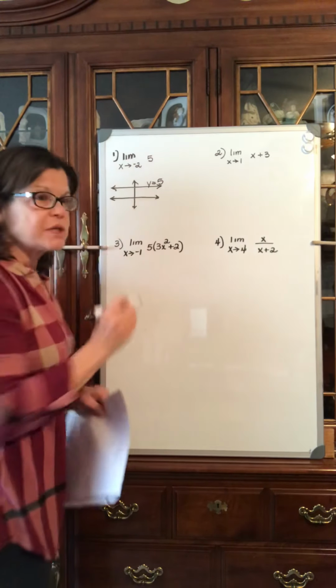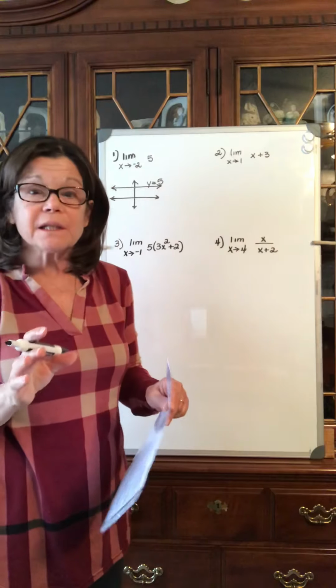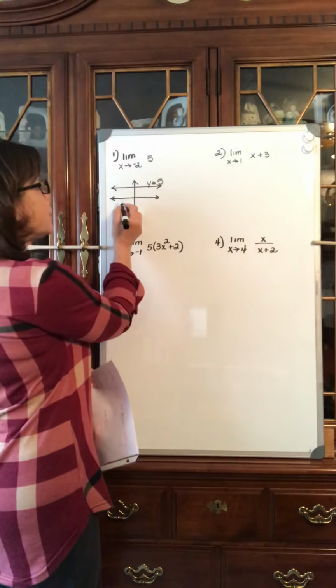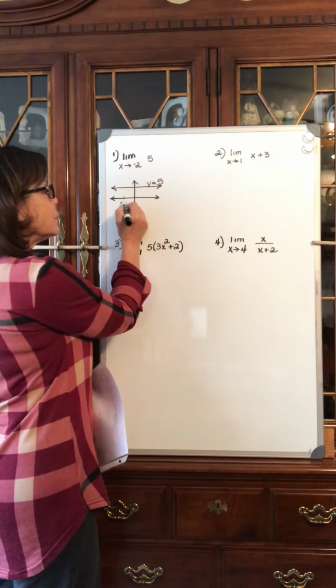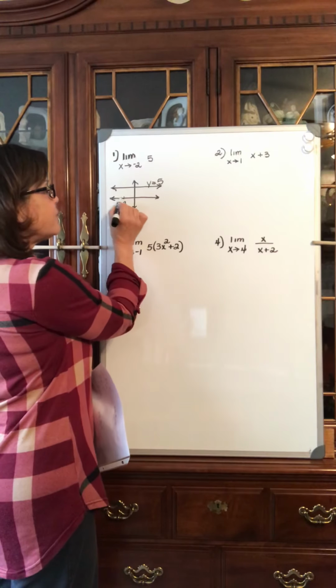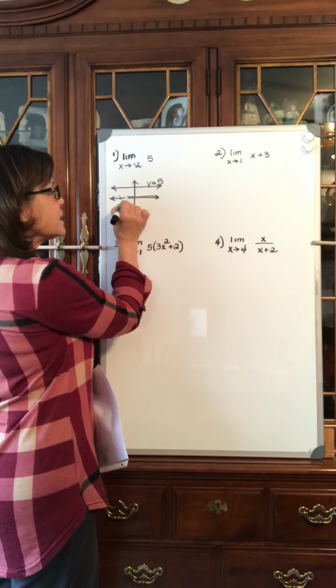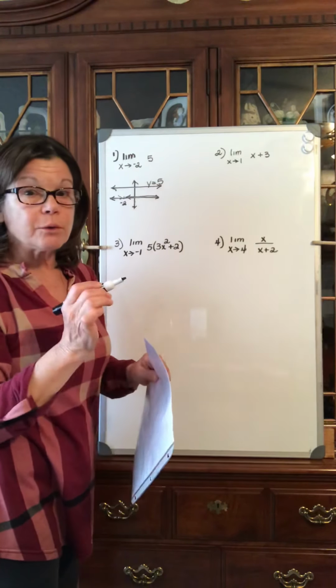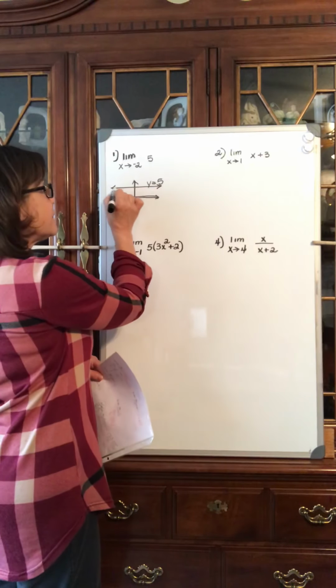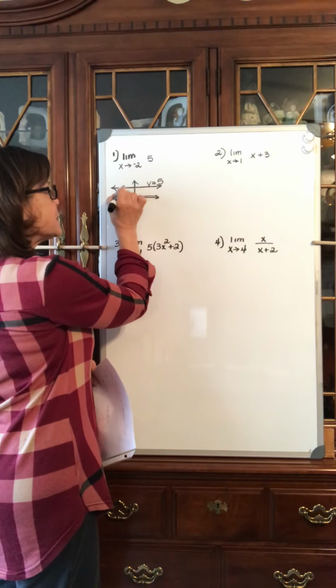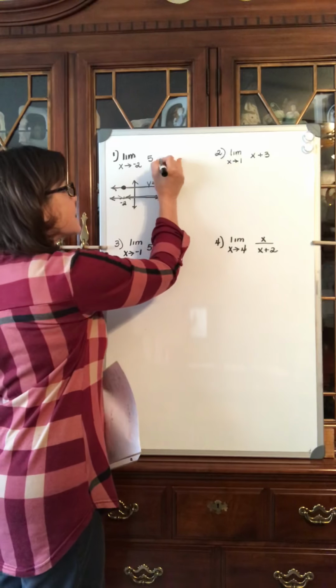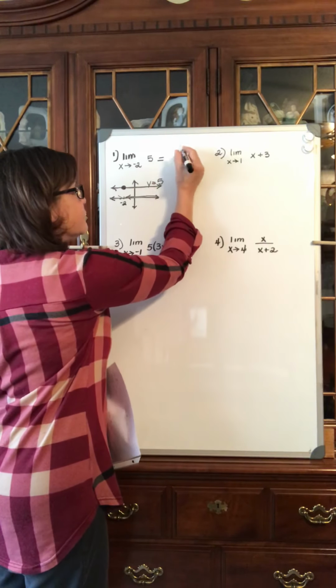It's a continuous function. There's no breaks in it at all. So as you're approaching -2 from both the left and the right, the function value or the y value from the left and the right are coming to the same point. It's coming to a y value of 5.